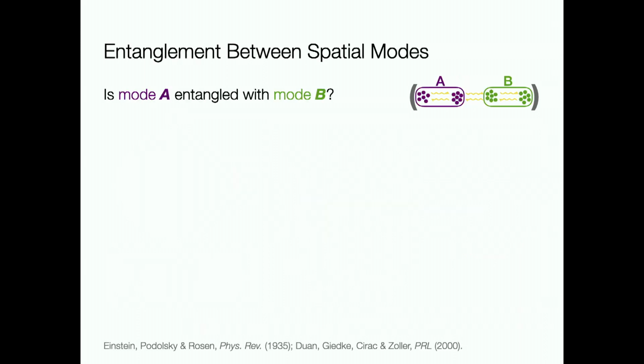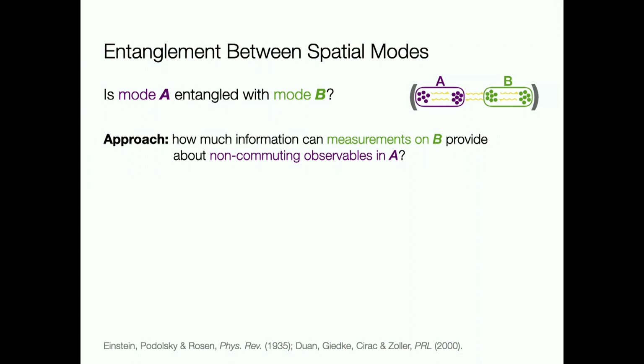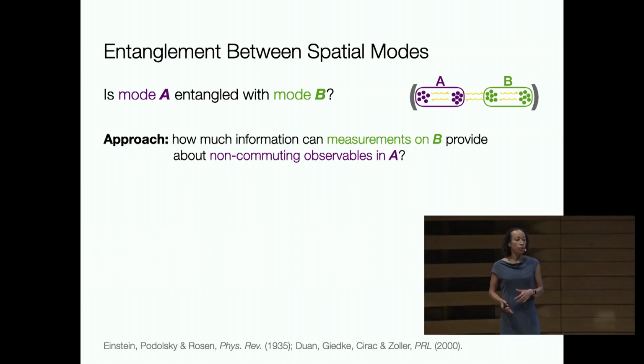We can take this a step further and ask, is there entanglement between spatial modes in this system? So let's say I partition this into the left ensemble and the right ensemble, and I want to know whether these two are entangled. One way that you can start to assess that is by asking, how much information can measurements on subensemble B provide me about the state of ensemble A?